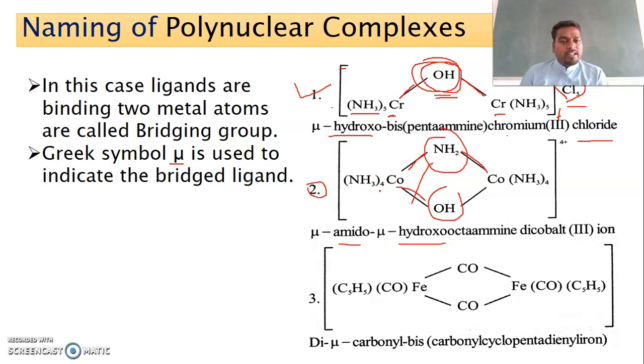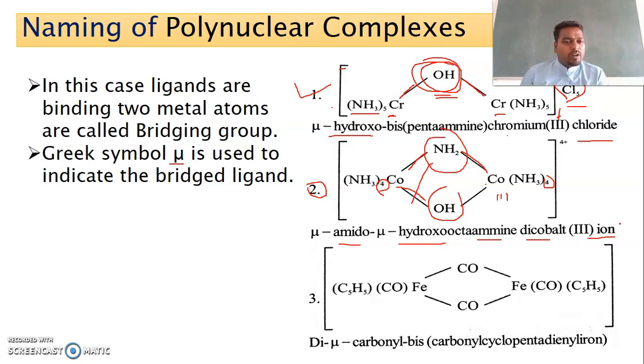Count the number of ligands, 4 plus 4, so totally octaammine. Di cobalt, there are two cobalts, and the oxidation state of each cobalt is plus 3.